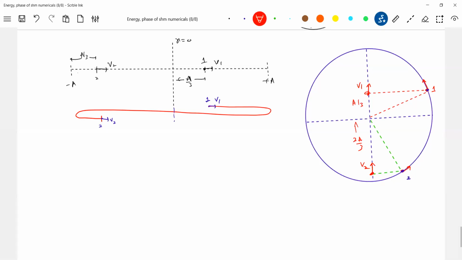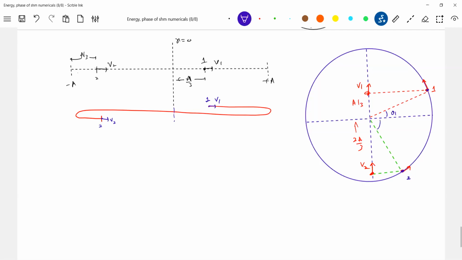Okay, calculate now. So what is the time taken? Let this angle be theta 1. You can define it as sine theta, or if you want, you can define this as theta.